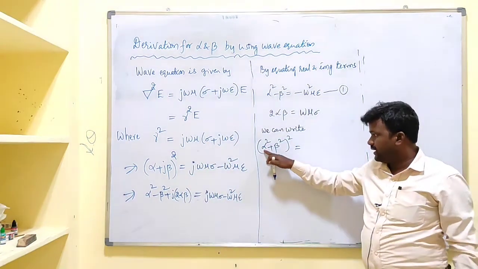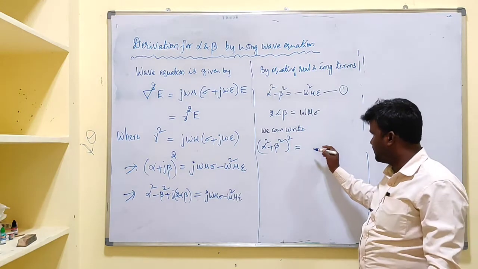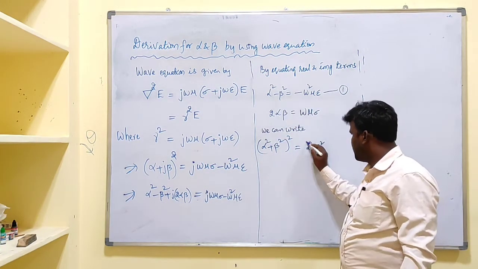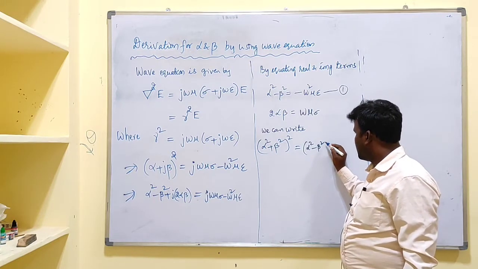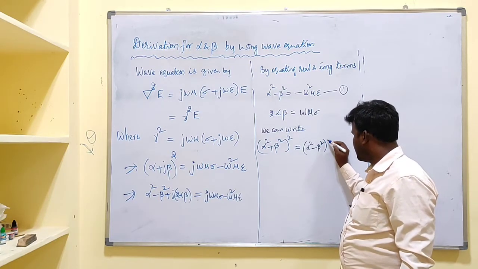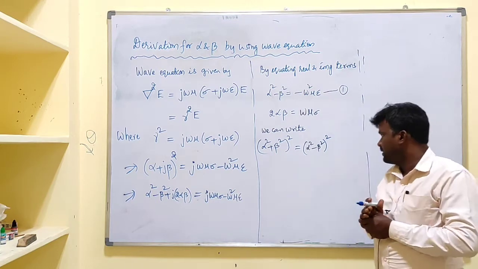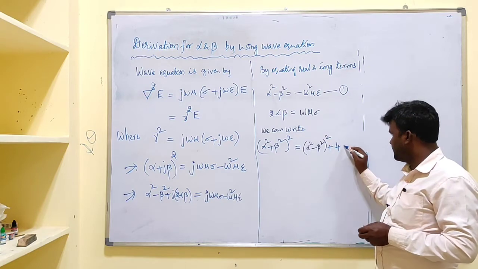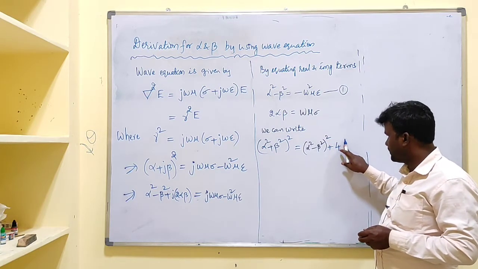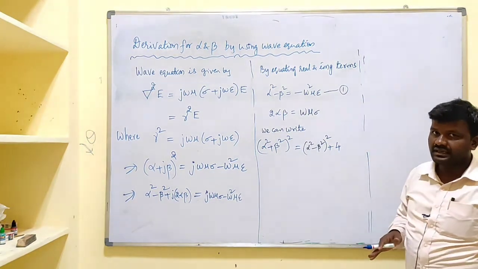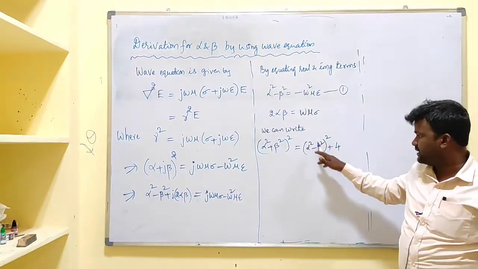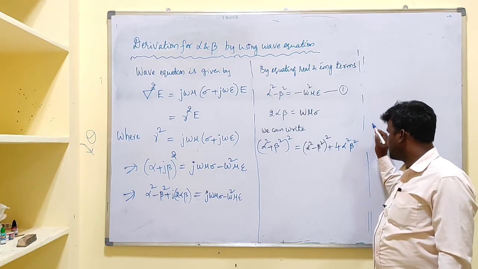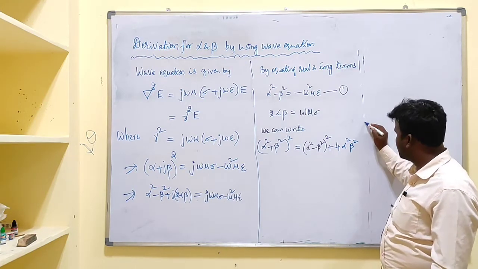This is a plus b whole square, which is nothing but a minus b whole square plus 4ab. A plus b whole square in terms of a minus b whole square is a minus b whole square plus 4ab. What is a? Alpha square, and b is beta square.